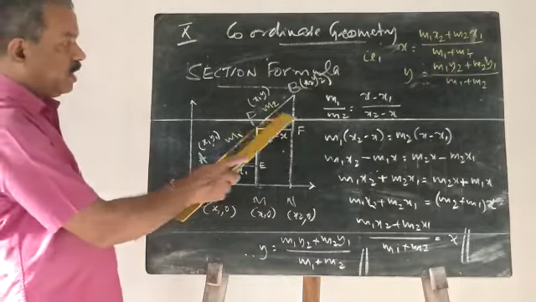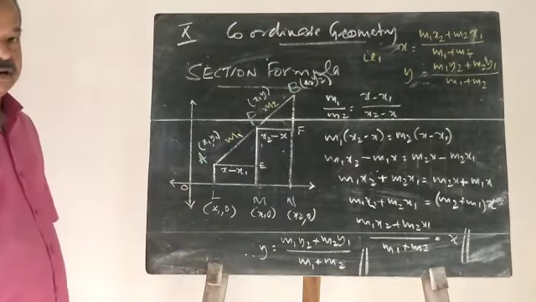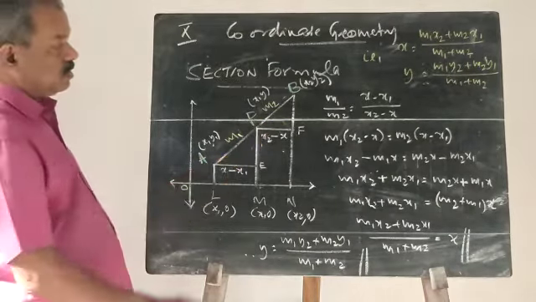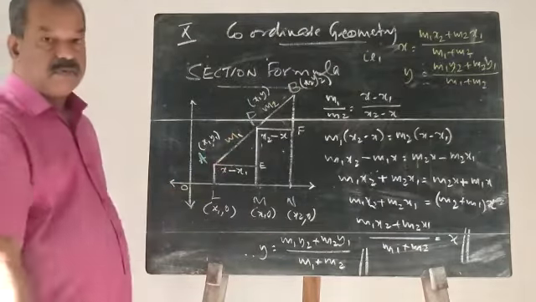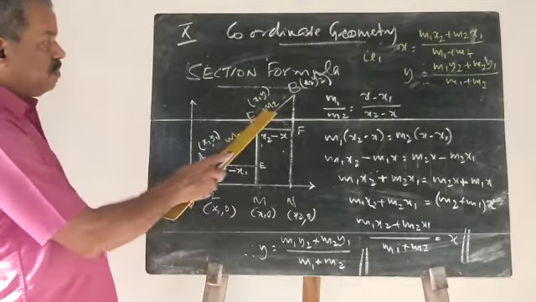Now we get two right angle triangles. They are similar, so the sides are proportional.